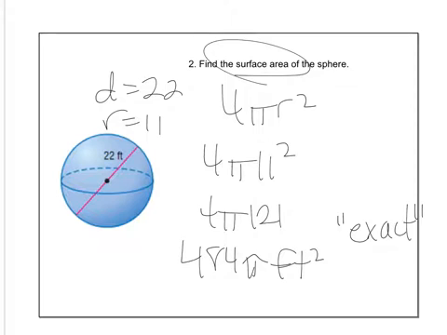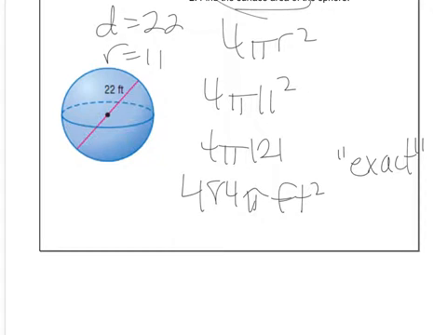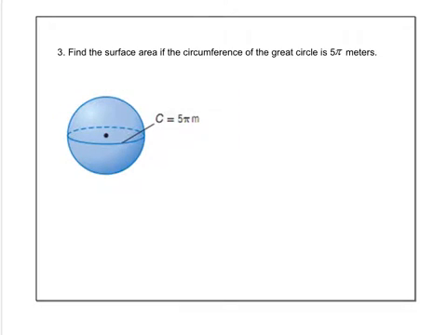Then the rounded is about 1,520.53 feet squared.